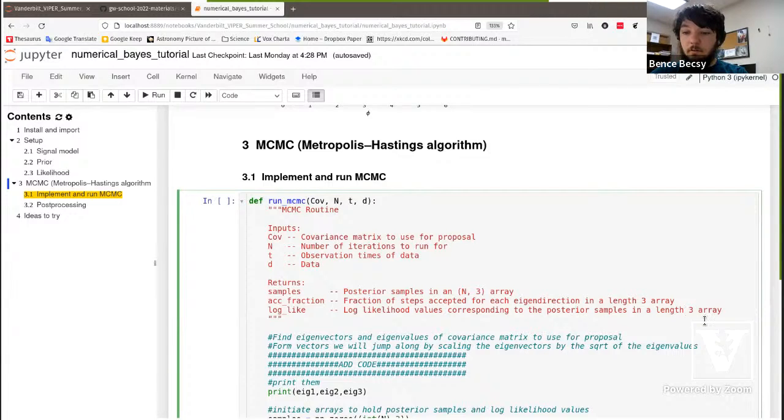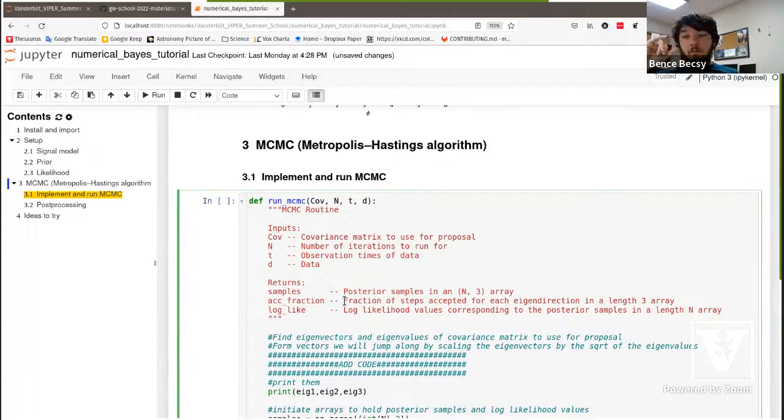This will be a length n array, because for all the samples we will have 1 log likelihood value stored. And then we will also return an acceptance fraction, which just keeps track of what fraction of the proposals are accepted.